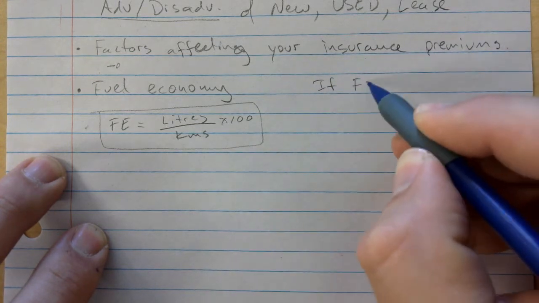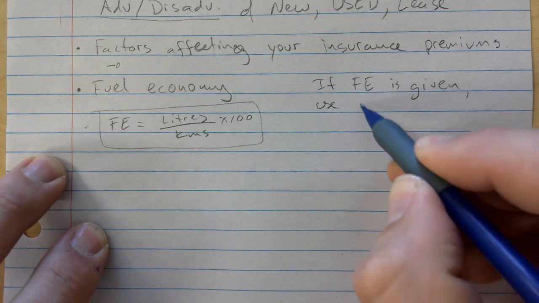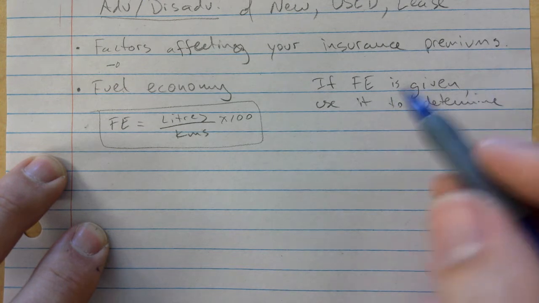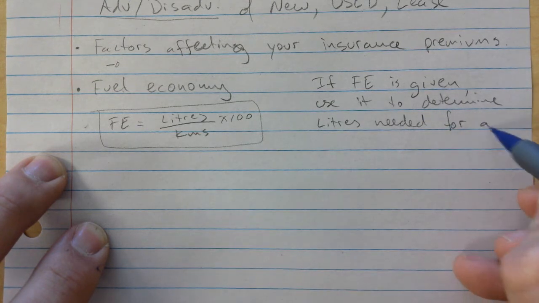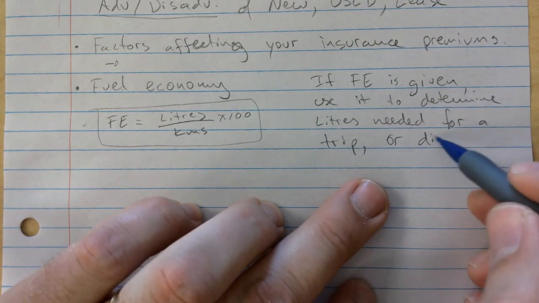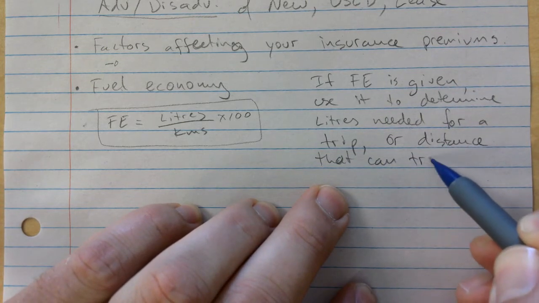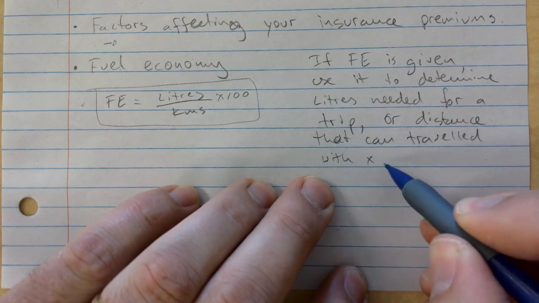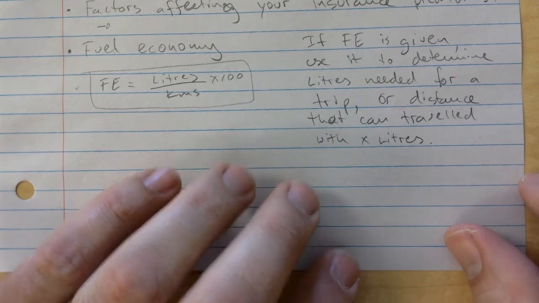If the fuel efficiency is given, I'm going to use it to determine liters needed for a trip, or distance that can be traveled with X number of liters. Right? You can go either way when you're given the fuel economy.